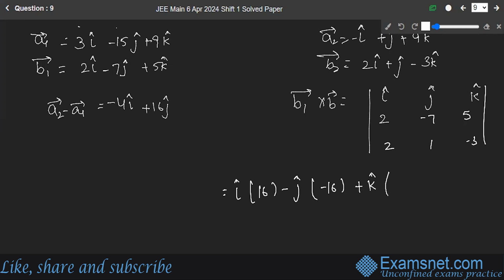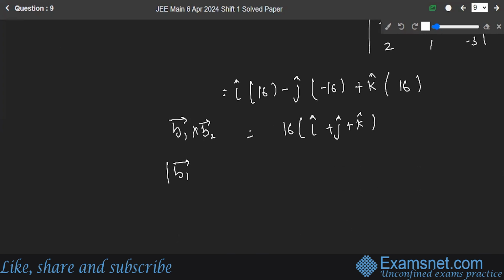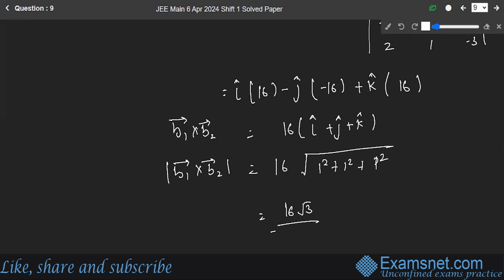Plus k, 2 plus 14, that is 16. So you have 16i plus j plus k. This is the cross product of B1 and B2. Let's find out the magnitude of it. So B1 cross B2 vector magnitude will be given by 16 outside, 1 square, 1 square and 1 square, which is equal to 16 root 3.